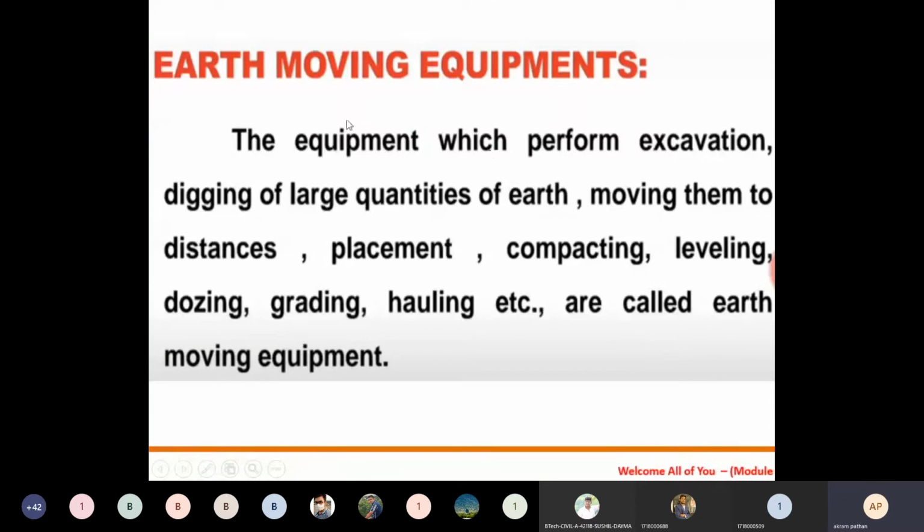The equipment which perform excavation, digging of large quantities of earth, moving them to a particular distance, then placement, compacting, leveling, dozing, grading, hauling, etc. are called earth moving equipment.